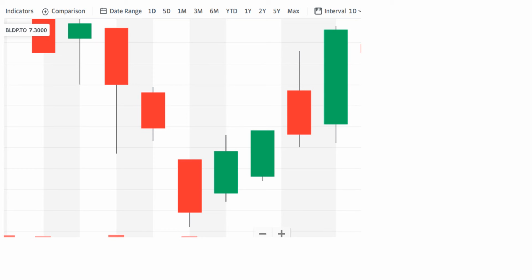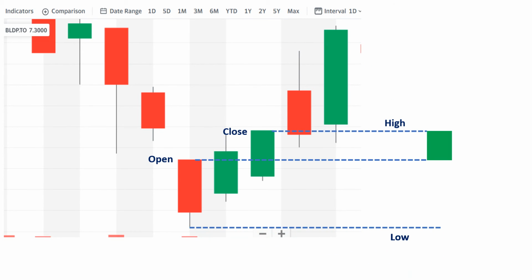We take the open of the first candle, then the close of the last candle, and the portion between open and close, and then we take the highest and lowest points of these 3 candles, and the equivalent is nothing but a bullish hammer with a 3 days time frame.